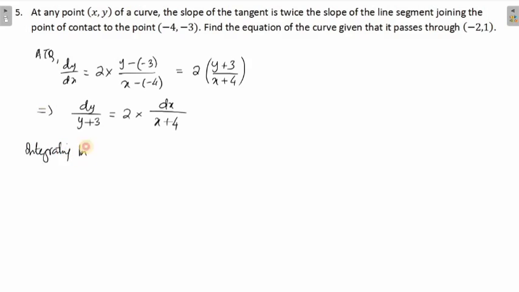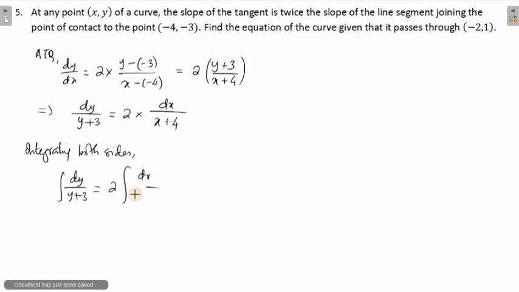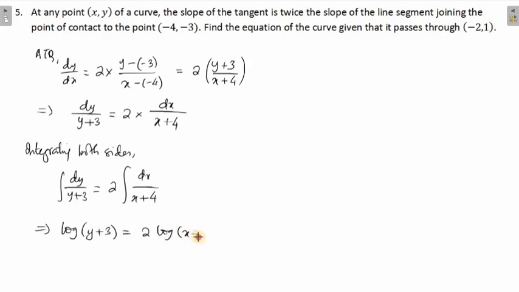So when we integrate both sides, you get the integral of dy by (y plus 3) equals 2 times the integral of dx by (x plus 4). If you evaluate this, it becomes log (y plus 3) equals 2 times log (x plus 4).